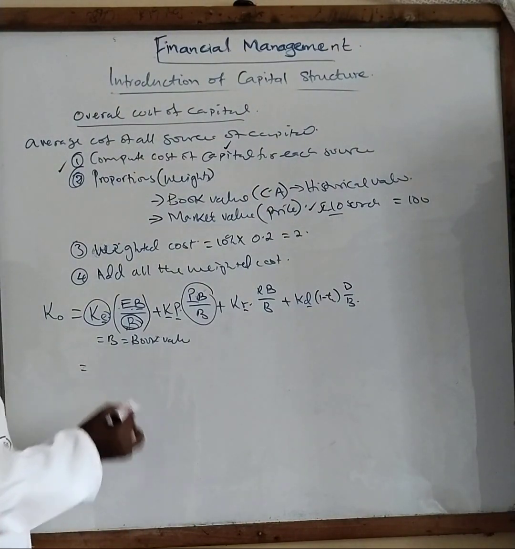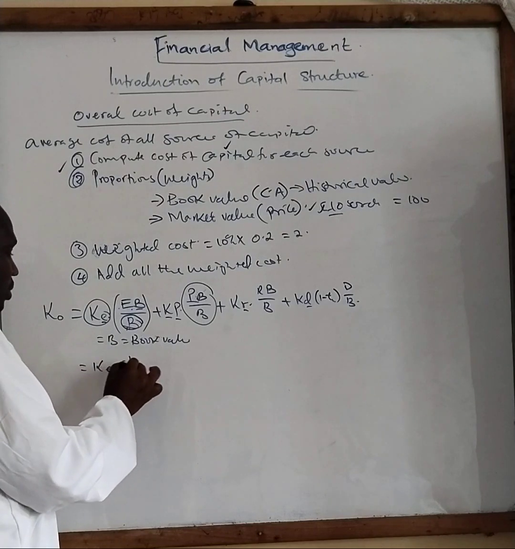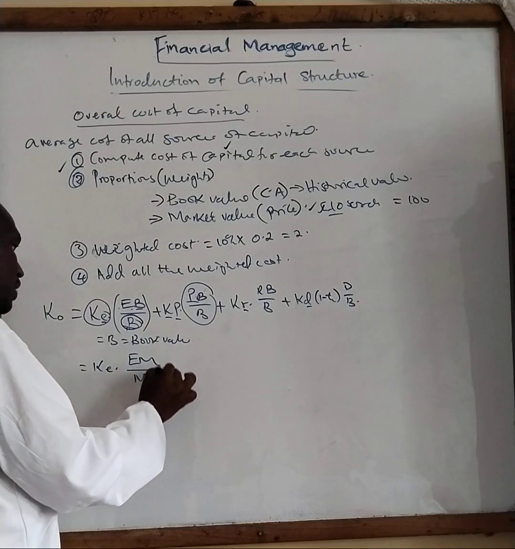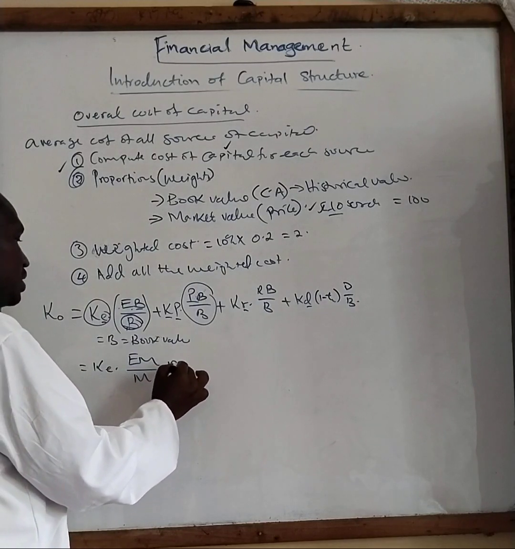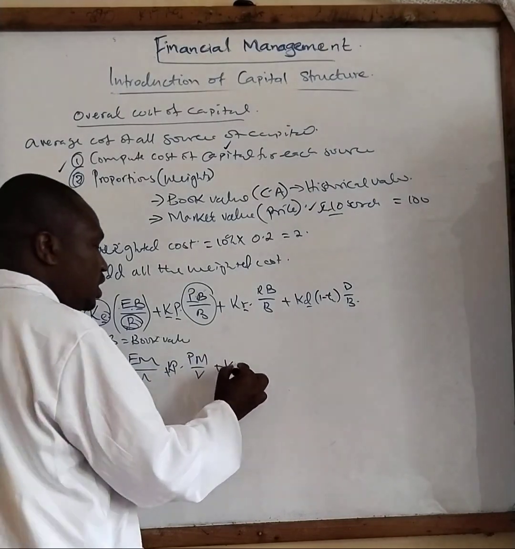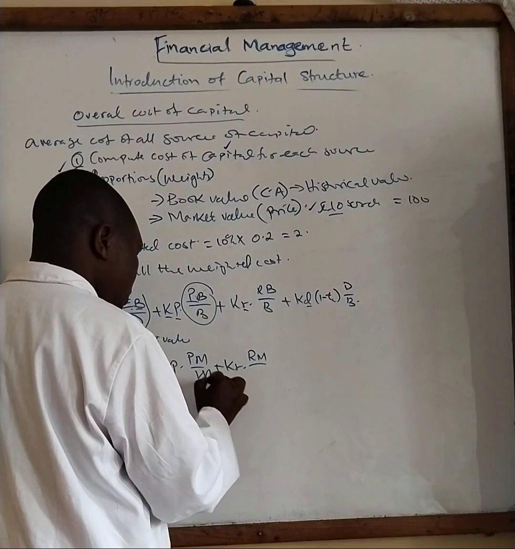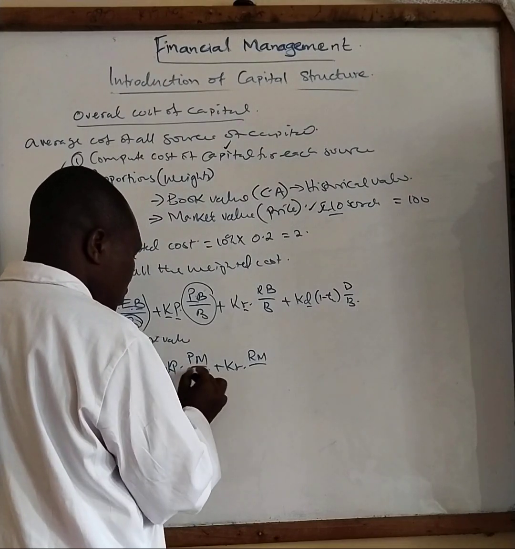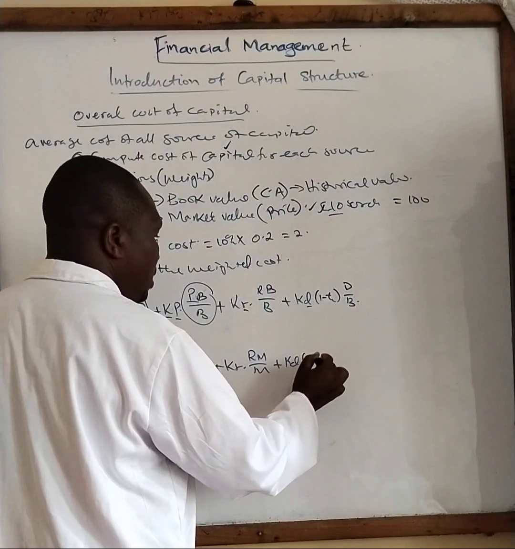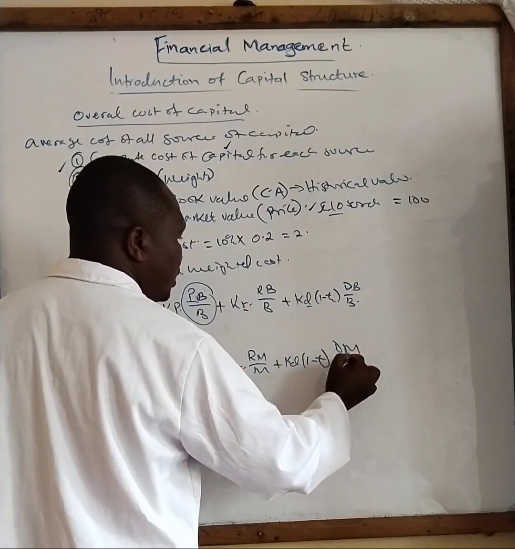If you are using the market value, it will be cost of equity times equity at market value over the market value, plus cost of preference times preference over market value, plus cost of retained earnings times retained earnings over the market value, plus cost of debt, 1 minus t, times D over market value.